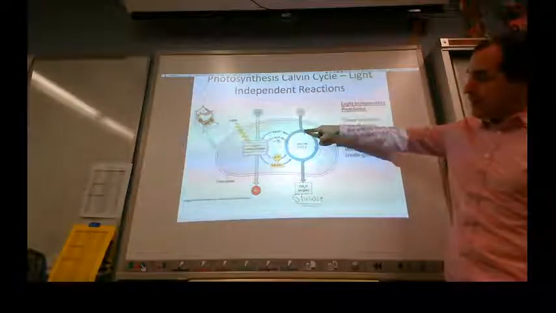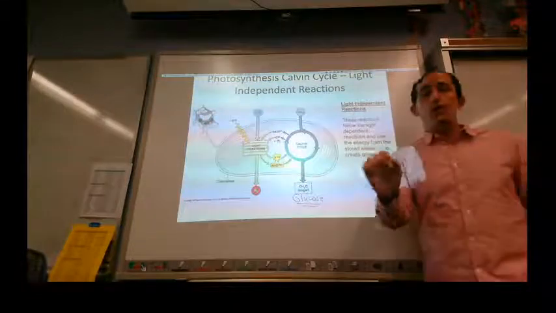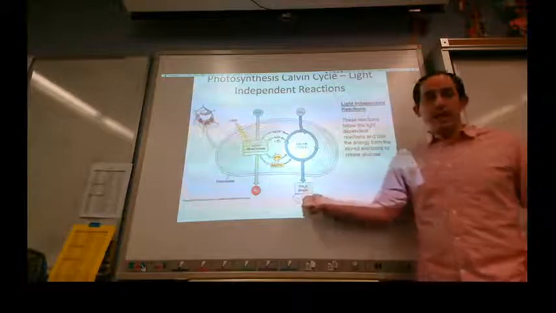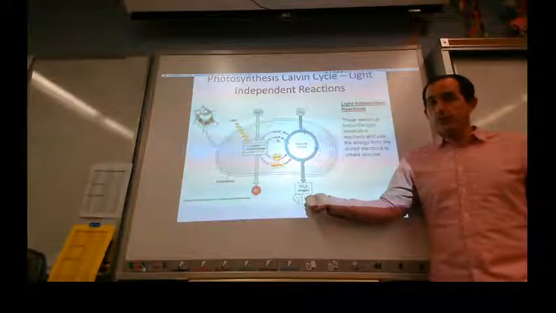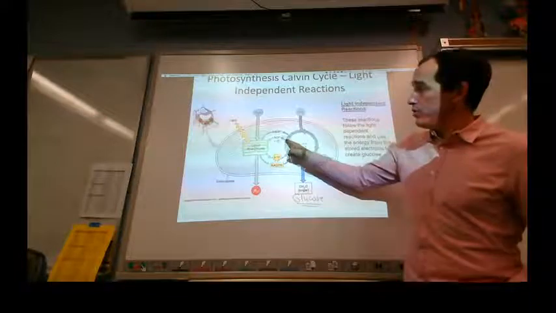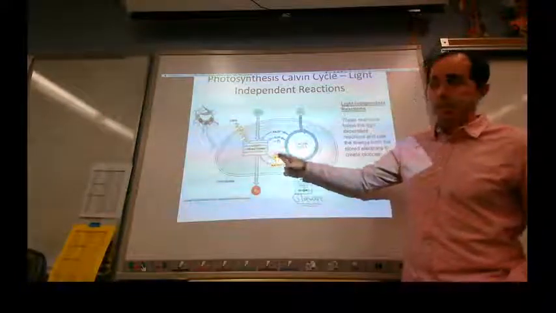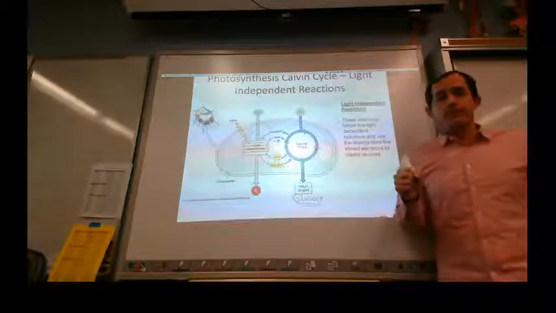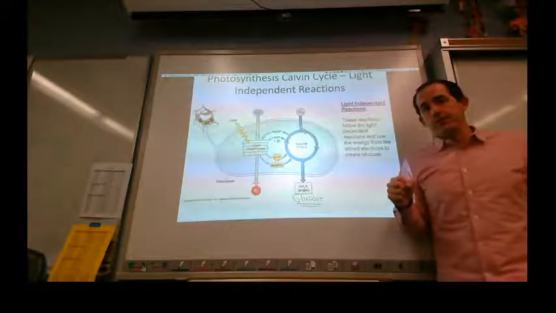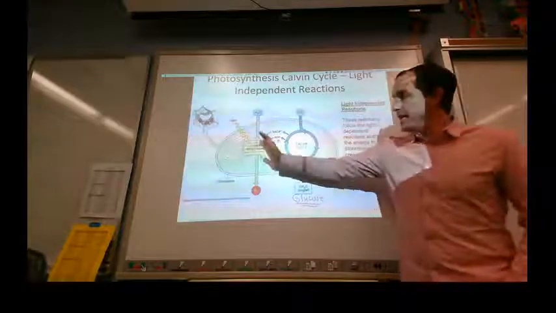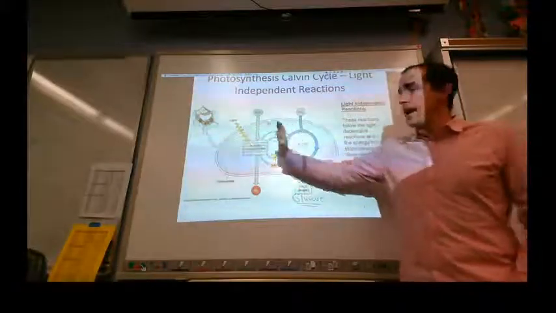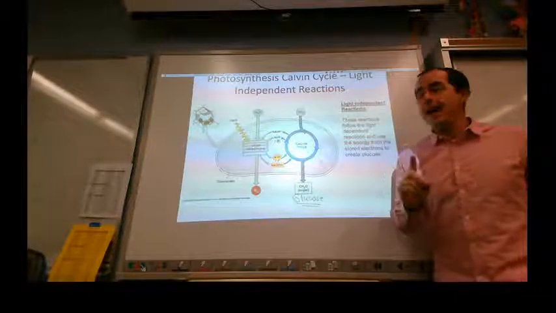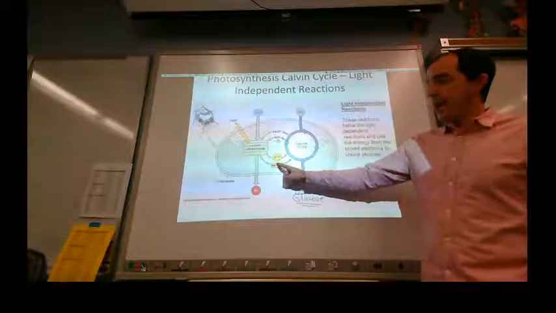They bring in carbon dioxide, and the ultimate goal of the light-independent reactions is to create sugar in the form of glucose, and also to recycle our ATP and our NADPH back so that it can be used again by the light-dependent reactions.